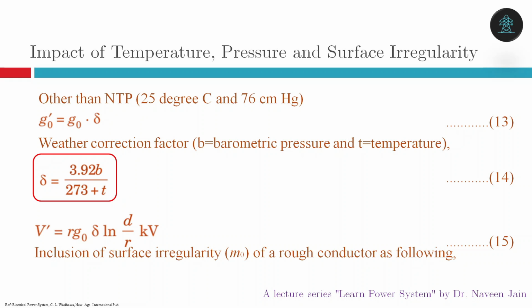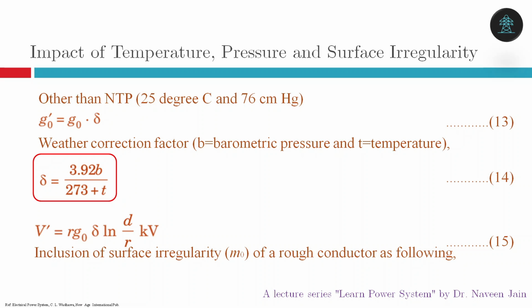Therefore, the potential gradient for such a conductor will in consequence be greater than for the equivalent smooth conductor, so that the breakdown voltage for a stranded conductor will be somewhat less than for a smooth conductor.